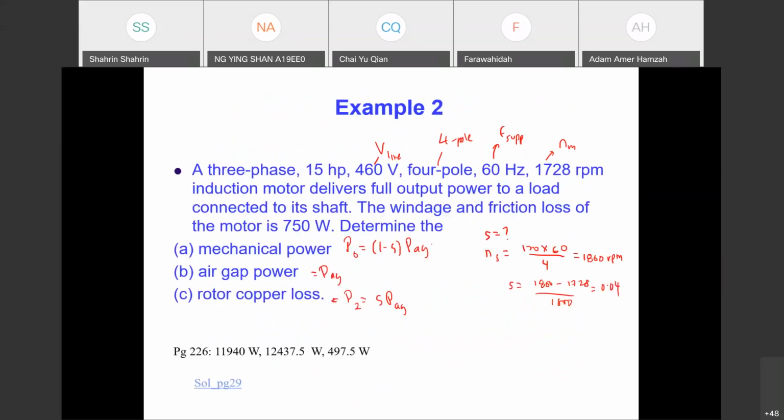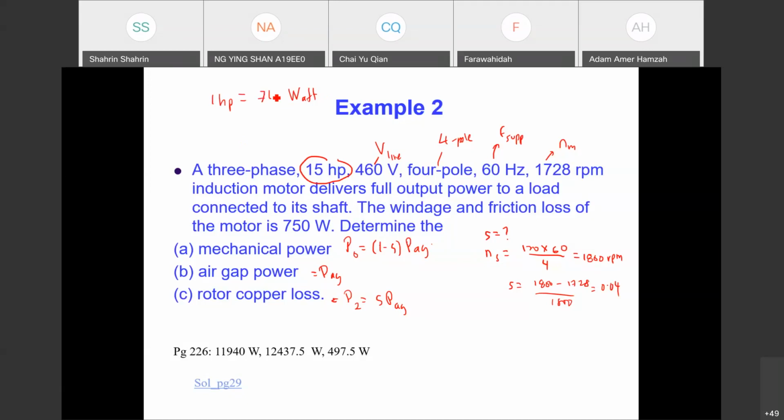I think there is information that is not available here. I think this question is not complete. So 1 horsepower is equivalent to what? How many watt? Can you Google? It is equivalent to 746 watt.